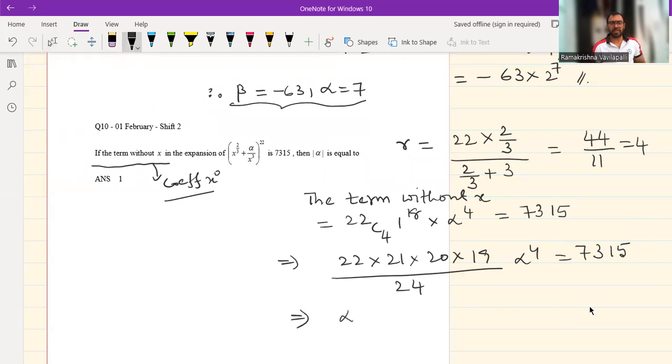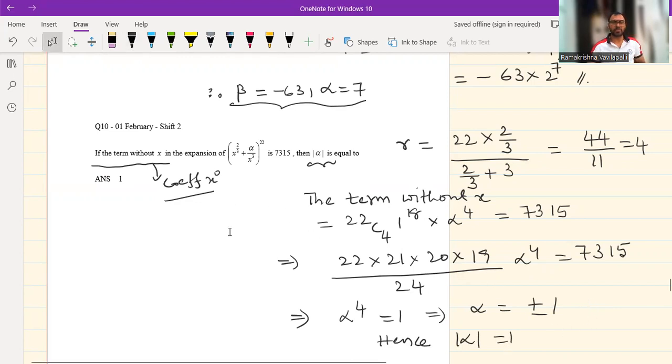After simplification, you will get alpha to the power 4 equal to 1, which implies alpha equals plus or minus 1. But they are asking what is mod alpha. Hence, mod alpha equals 1.